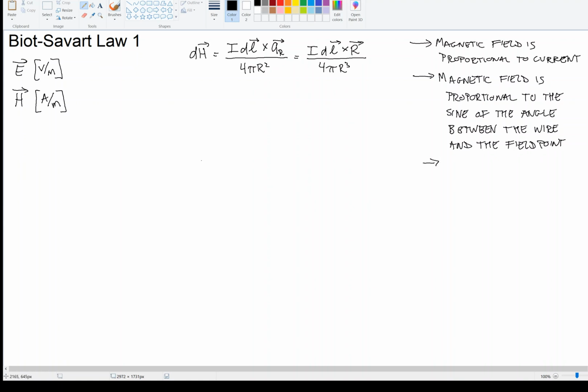Another important point, the magnetic field diminishes or reduces as you get further away from the wire according to 1 over r squared. Okay, so we saw something similar to the electric force.